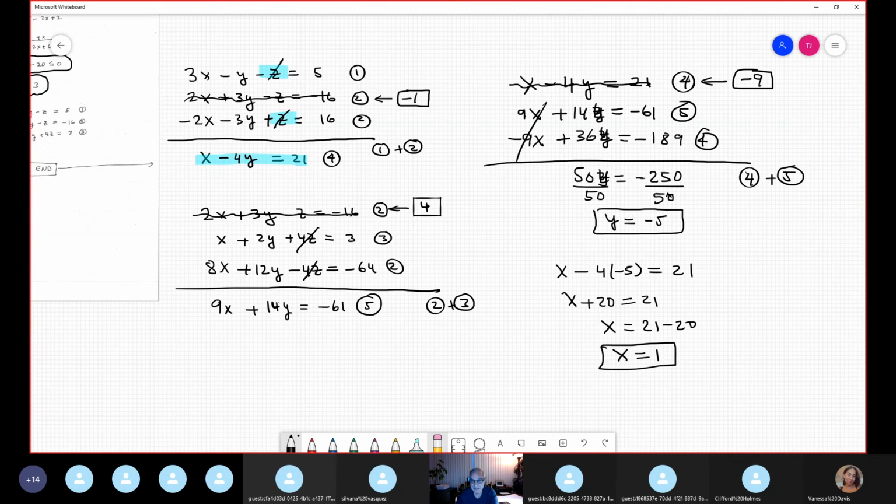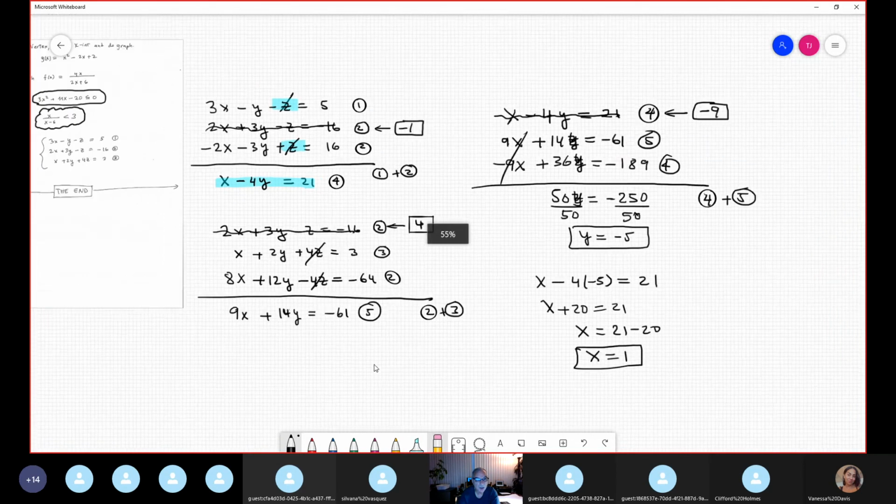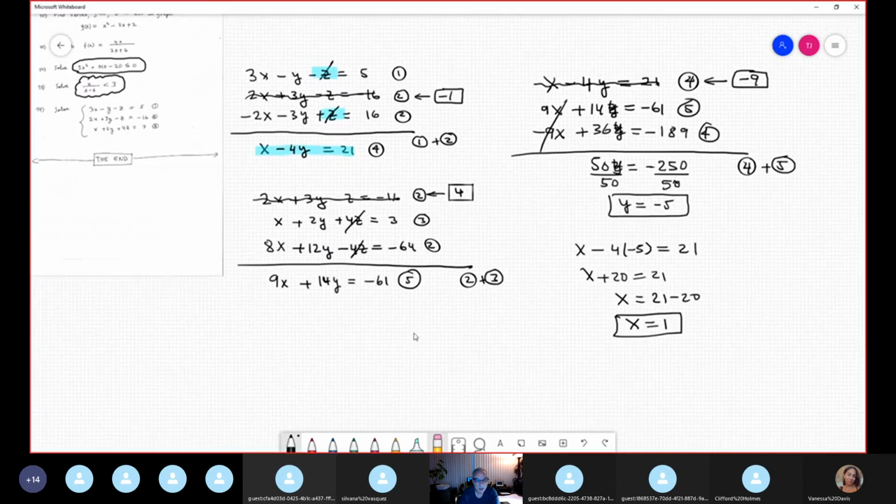Now I need to find z, because it's the last one. Well, I make a decision to select, of course, an original equation. Which one? Well, number 3. I have no idea why, but I select number 3. I want to copy it again: x plus 2y plus 4z equals 3. X is 1, I know, plus 2y, y is negative 5, but z, I have no idea.